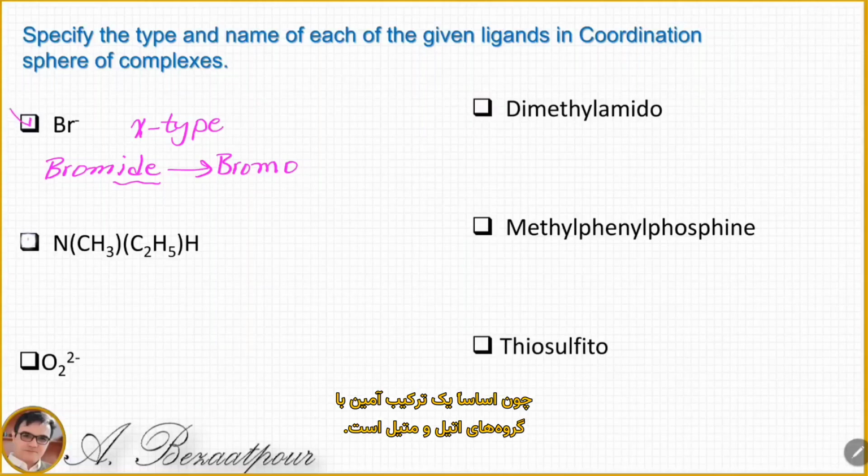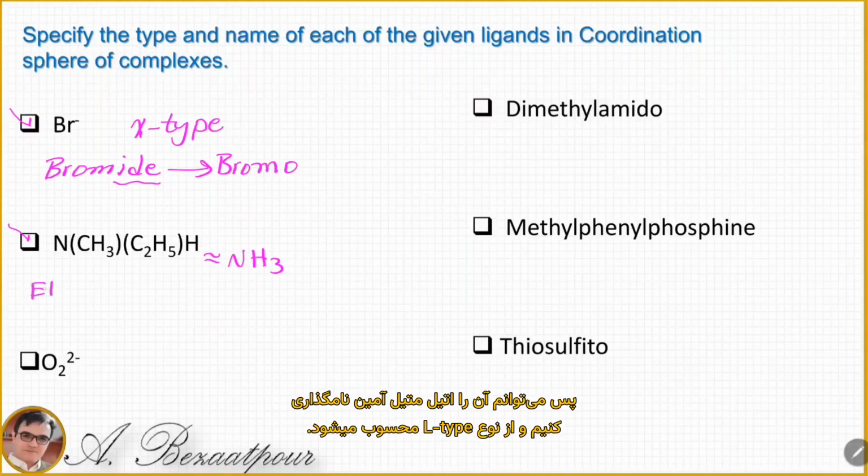The next ligand is basically an amine compound with ethyl and methyl groups, so I can name it ethylmethylamine, and it is an L type of ligand.